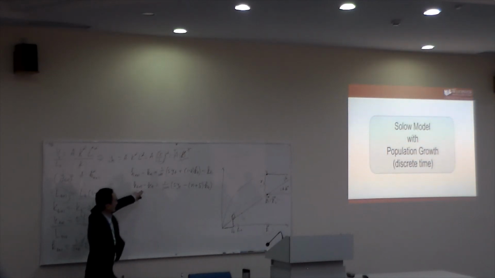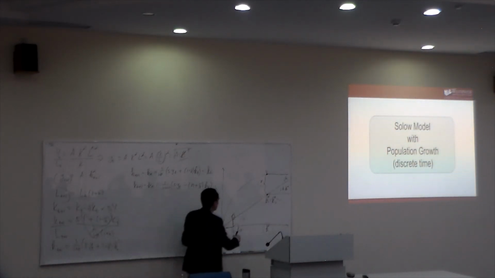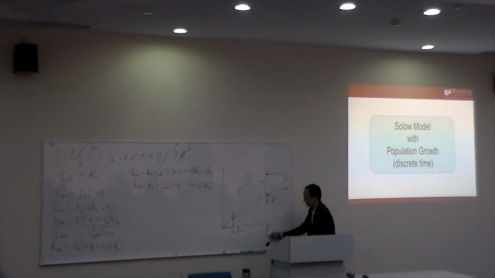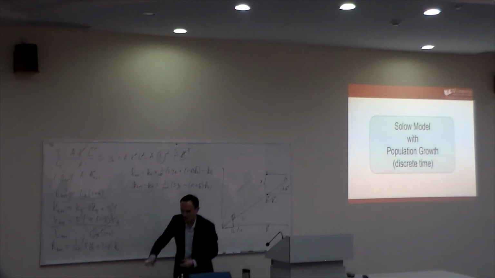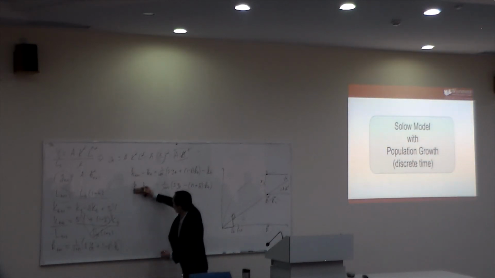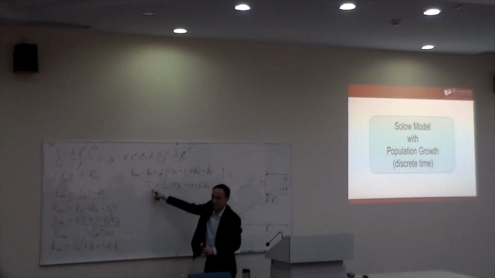So now we have to find the steady state level, this point of capital. After reaching this point, as the population grows, capital is not going to change, which means the change is going to be equal to 0. If it's 0, we can easily cancel out this multiplication, right?